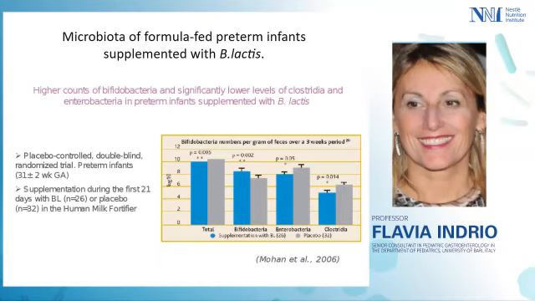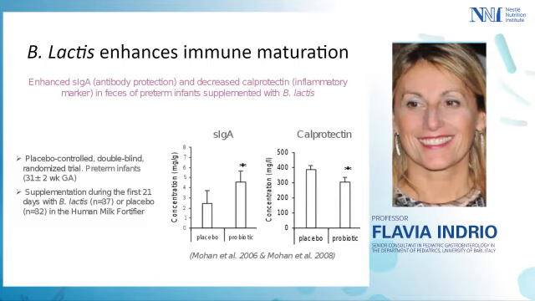Another double-blind randomized controlled trial showed not only a higher count of Bifidobacteria in those supplemented babies, but also a lower level of Clostridium, which are detrimental, as are the Enterobacteria, in these preterm infants. And this is also another study where again, look, the calprotectin comes up again.